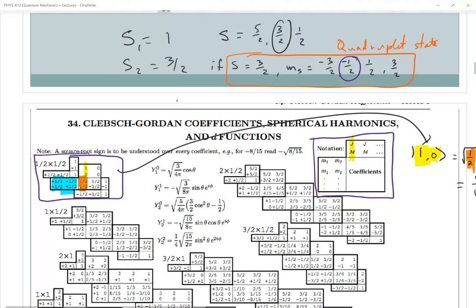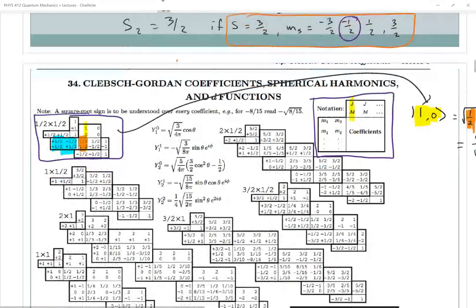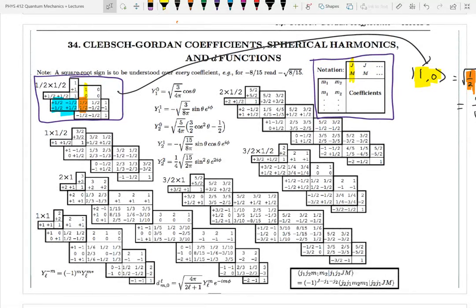Okay, let's find them. So we have 3/2 and minus 1/2. Notice we have 3 possible states there that we're going to be combining.